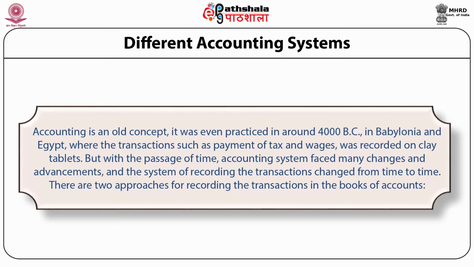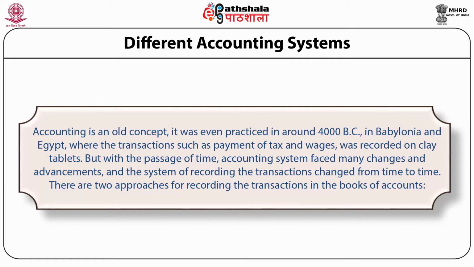Accounting is an old concept. It was even practiced in around 4000 BC in Babylonia and Egypt, where transactions such as payment of tax and wages were recorded on clay tablets.